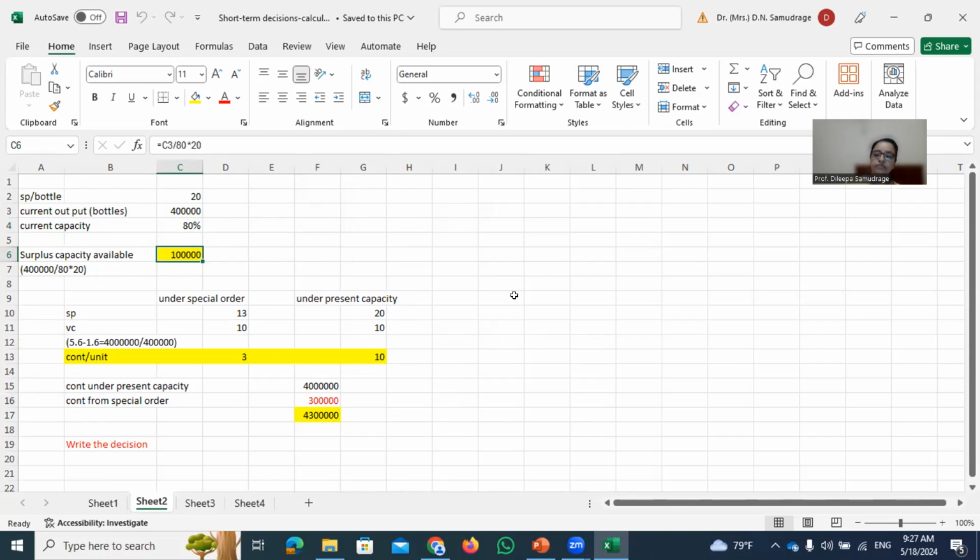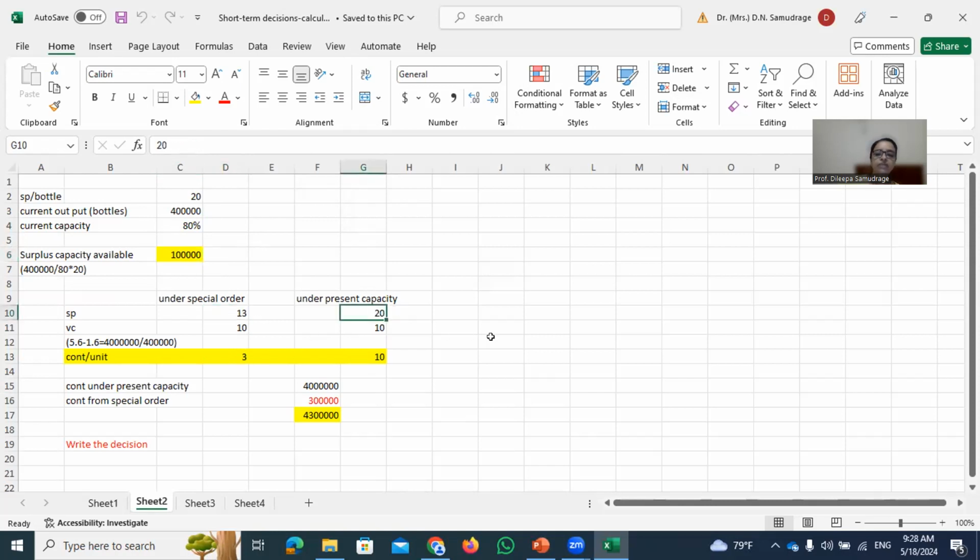So you have to write these things, right? So maybe you will get 1 mark for this, right? So therefore it's important. So these are workings, right? Then you have to write under special order. What is the contribution that you get? Under present capacity, what is the contribution that you get? Right? So under special order, your selling price is 13.